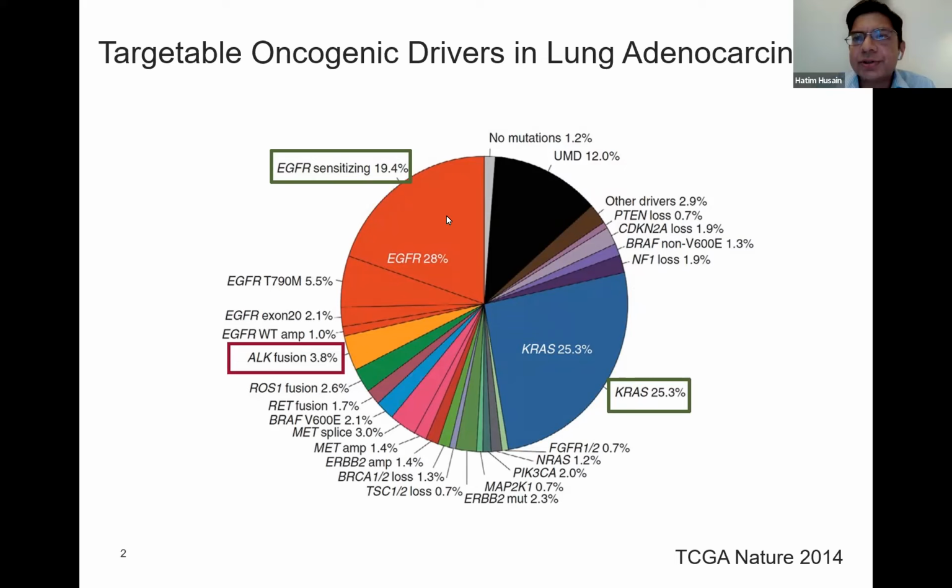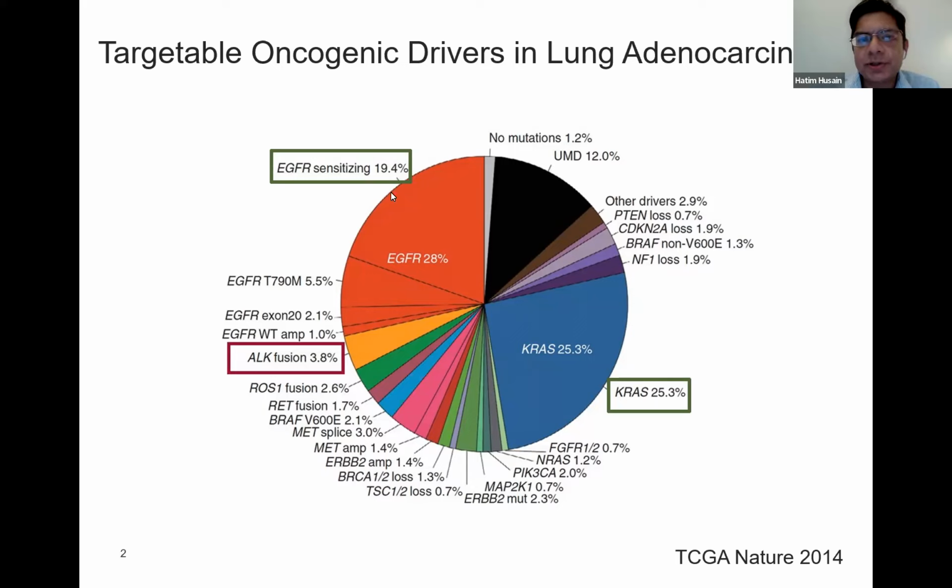In different populations and settings, some of these percentages can be different, but in the TCGA Nature project for non-small cell lung cancer and lung adenocarcinoma specifically, KRAS mutations are about 25%, EGFR 28%, and that spans diverse EGFR isoforms.